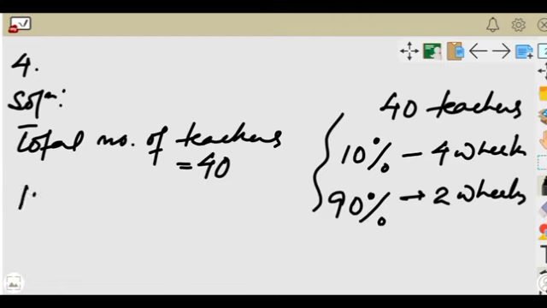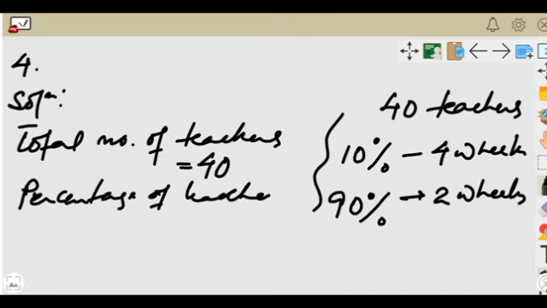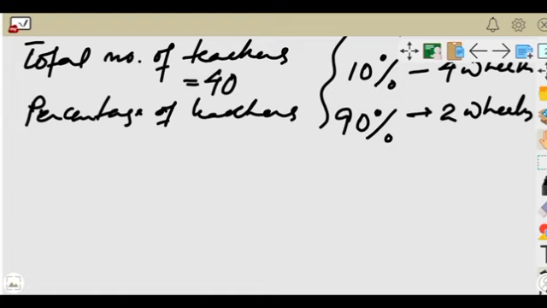And first let me write percentage of teachers. I'll drag the board. Teachers having their own, what is that? Four-wheelers.